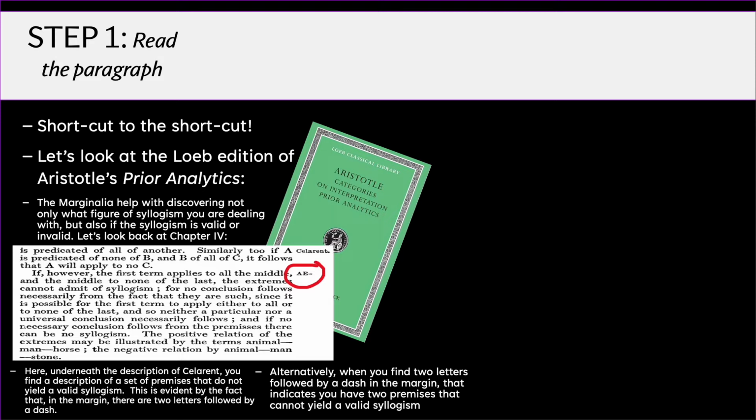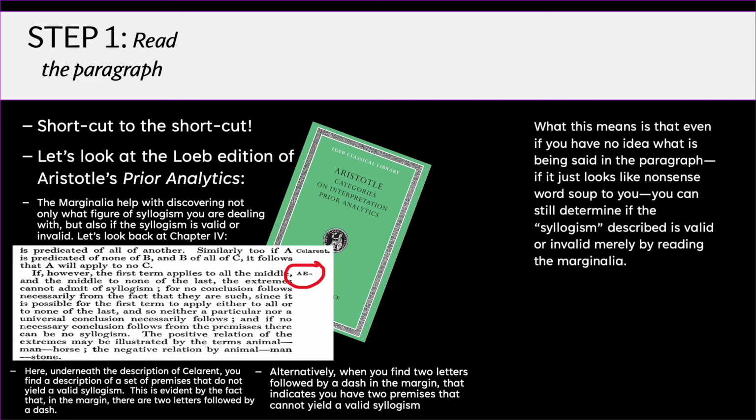But when you find in the margins two letters followed by a dash, you know that what corresponds to those two letters and a dash is a description of an invalid syllogism. What this means is that even if you have no idea what is being said in the paragraph, if it just looks like nonsense word soup to you, you can still determine if the syllogism described is valid or invalid merely by reading the marginalia.